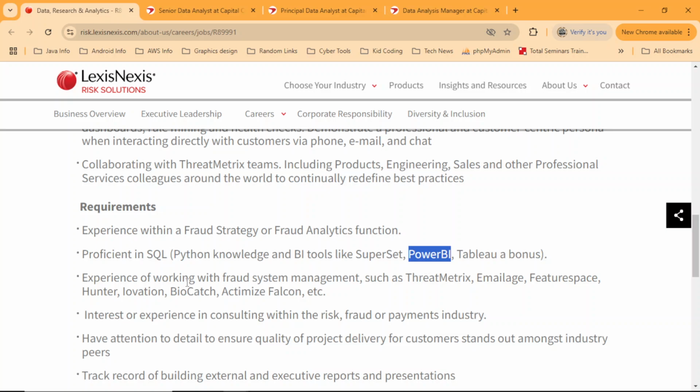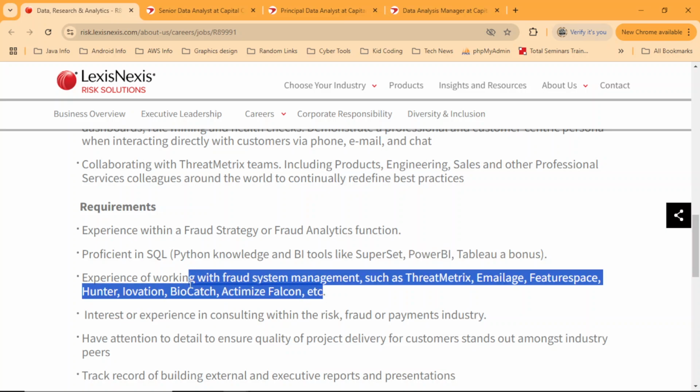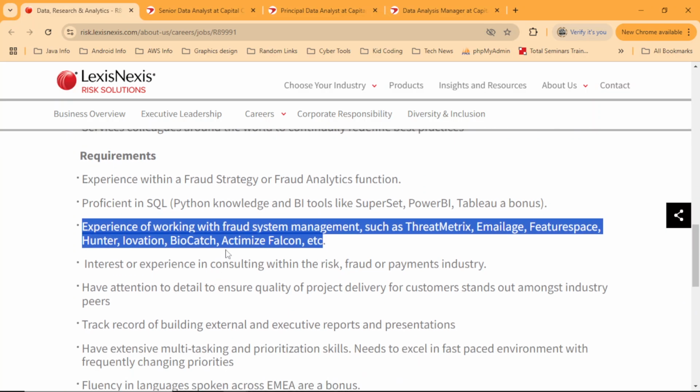Okay, so you see here they talk about the type of systems you need to be aware of. If you want to transition to data analyst, I feel that in the whole ecosystem of the tech field, this position is one of the best to transfer into if you have the domain knowledge. Because SQL, Python, and Power BI will be easy if you have the domain knowledge.